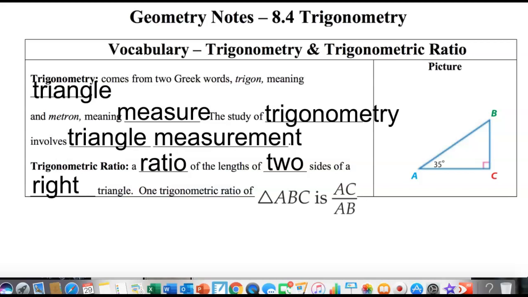You can see here that we have a ratio that is just making a fraction between sides AC and AB. If there were numbers there, we could just make a fraction. Okay, we'll move on to the next page.